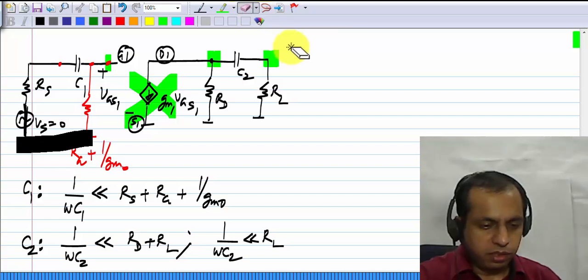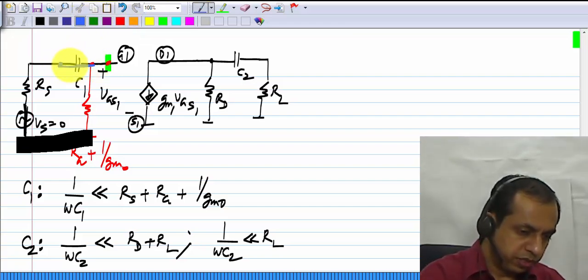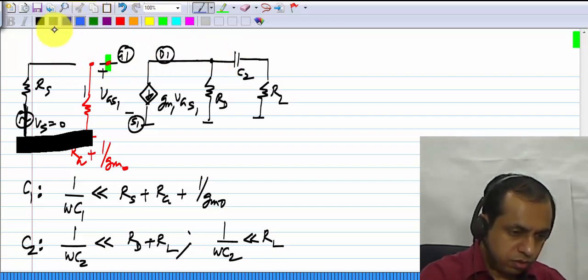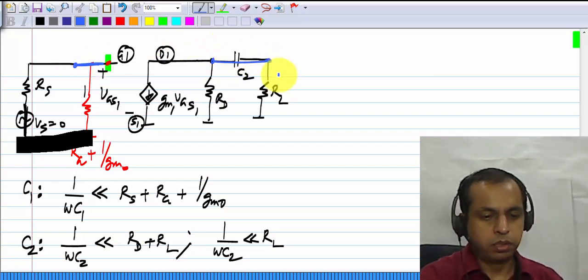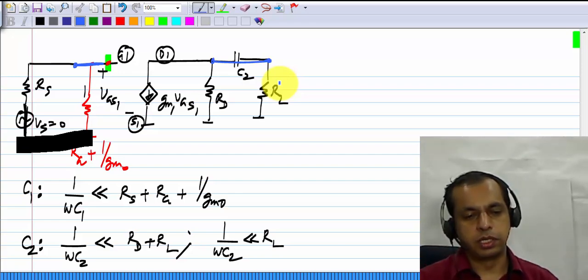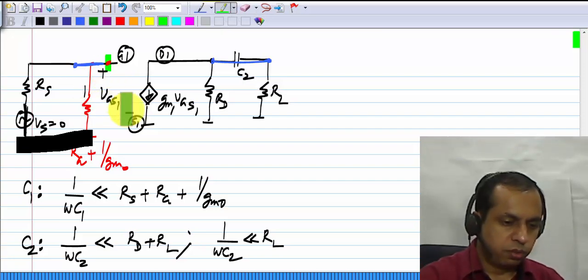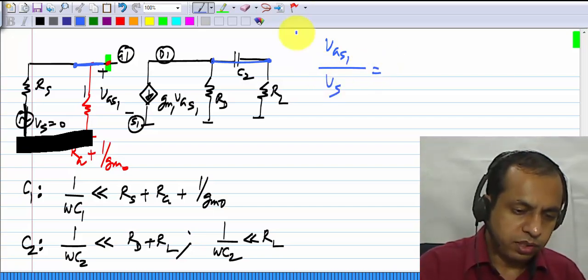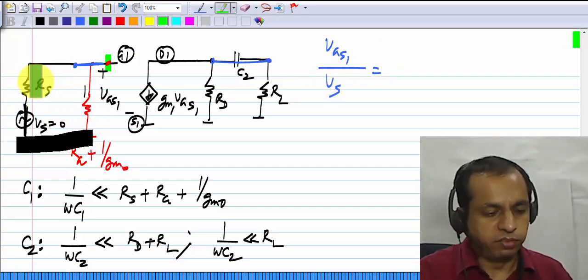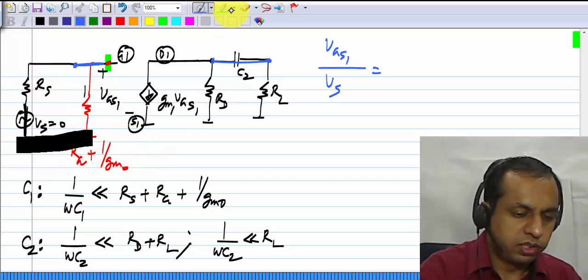Now finally, if we satisfy these conditions, then we can replace both C1 and C2 by short circuits. Then what is the voltage that appears as the gate source voltage here? We know that VGS1 by Vs is this resistive division. You have Rs here and this resistance Rg plus 1 over Gm0.